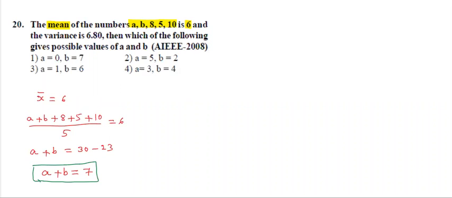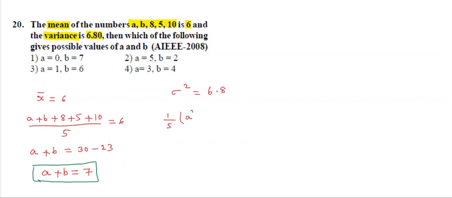What are they given? Variance is 6.80. Variance is given. Now find the variance. Variance means sigma square. Sigma square value is 6.8. But what is the formula for sigma square? 1 by n, that means 1 by 5 into sigma xi square.